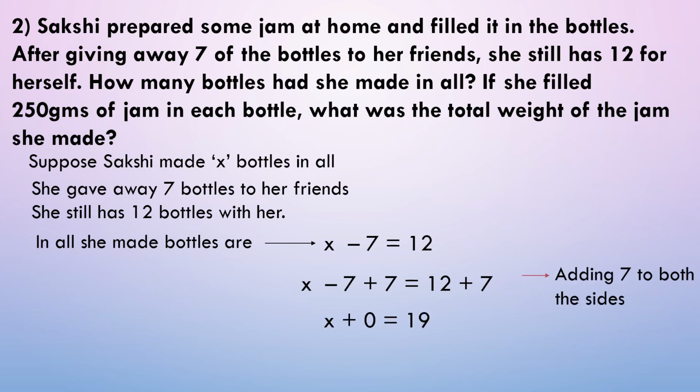So x is equal to 19, because 12 plus 7 is what? 19. So Sakshi made 19 bottles of jam.